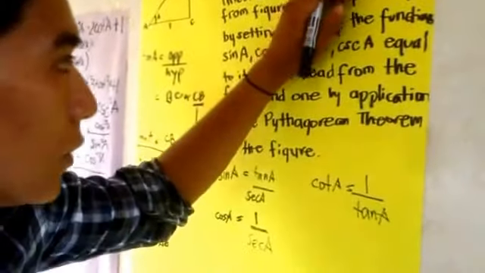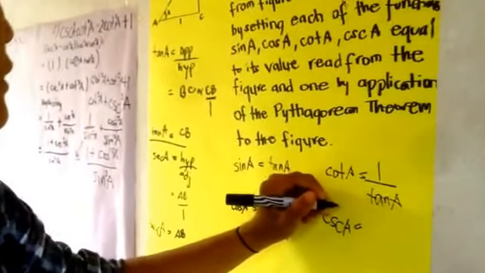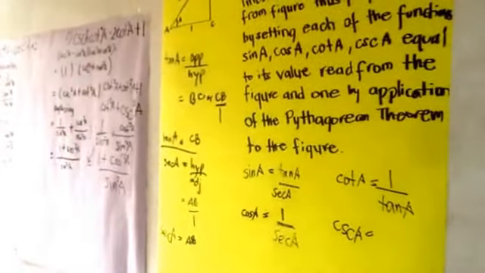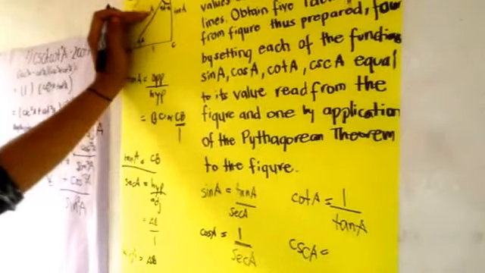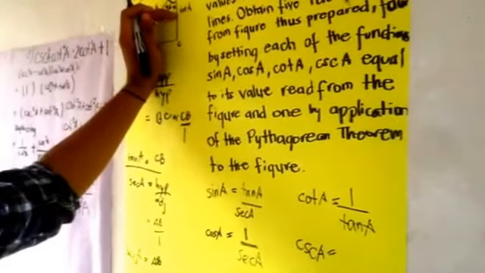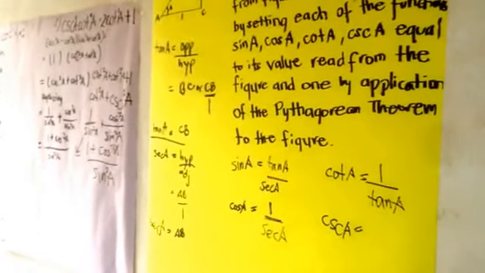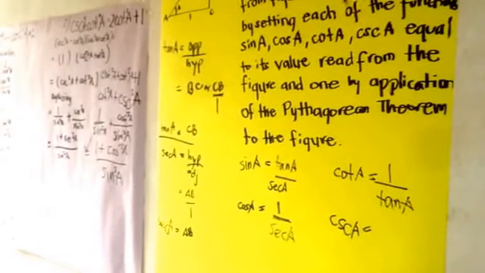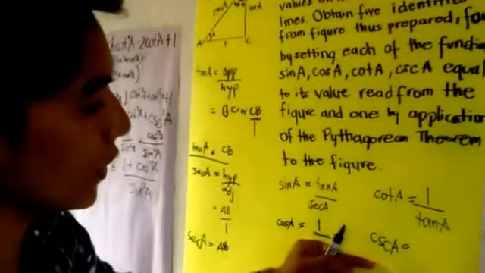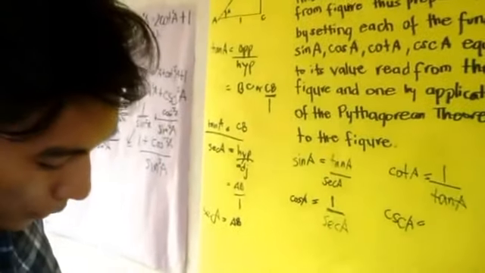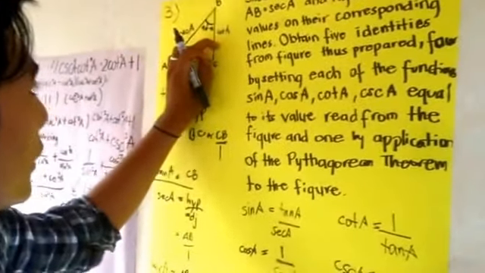Last, we solve for csc A. Csc A is equal to hypotenuse over opposite side.